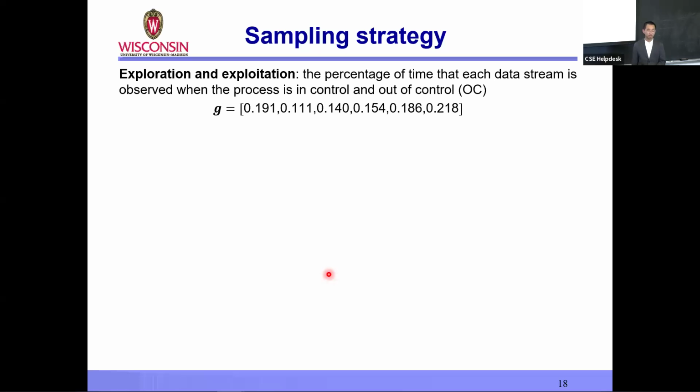And next, we also investigated the explorations and exploitation of our sampling strategy. So to be specific, we calculate the percentage of the time that each data stream is observed when the process is both in control and out of control.